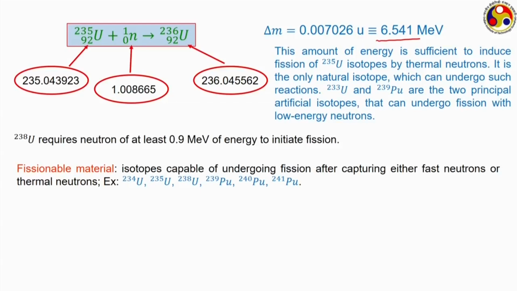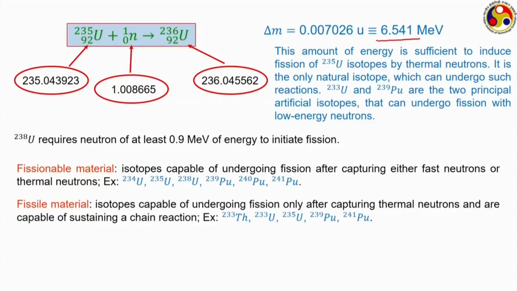So, while both of them are fissionable materials, only one is a fissile material, which refers to an isotope capable of undergoing fission after capturing a thermal neutron, and that is also capable of sustaining a chain reaction. Uranium-233, uranium-235, plutonium-239, plutonium-241, thorium-233 are all fissile materials. Uranium-235 is the only natural one, but the others are all artificial.